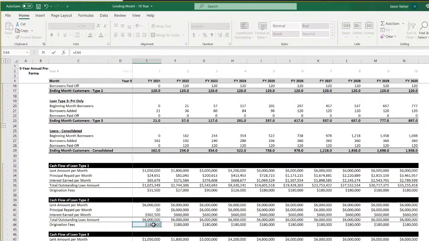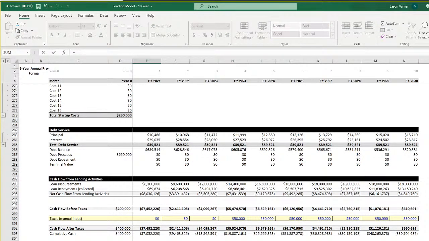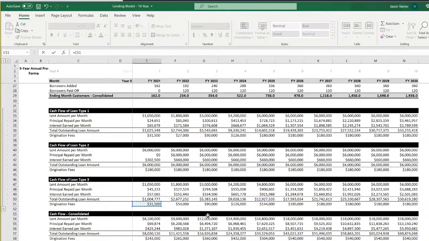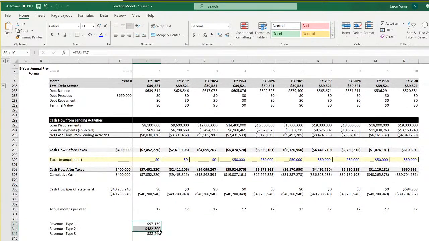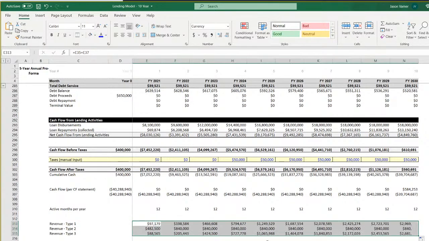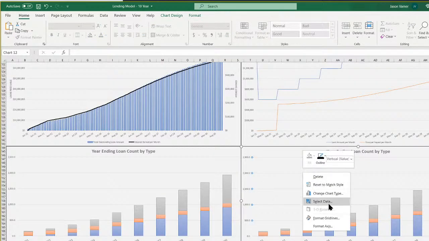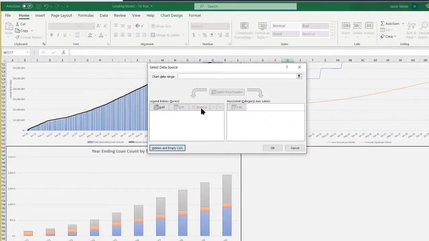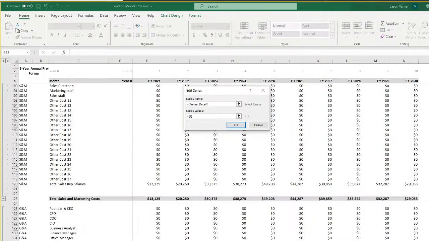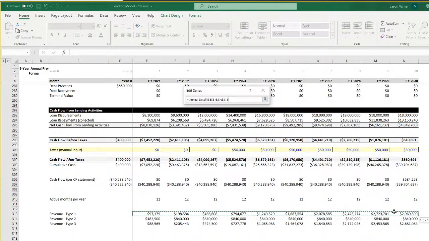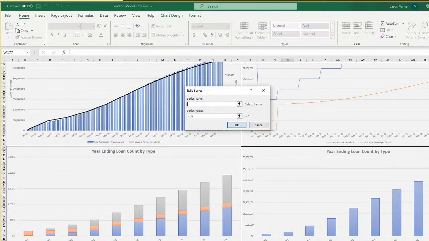Here's type 2. Now we can pull it. Do revenue, we'll do stacked revenue by type.